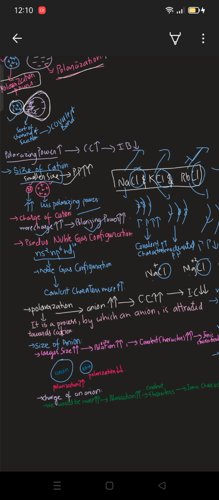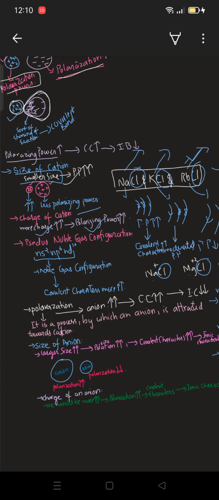Then we discussed the anion. On an anion, polarization happens, which means it is attracted towards the cation. So the size of the anion must be larger, and it would then have more polarization. The charge of the anion must be larger as well.